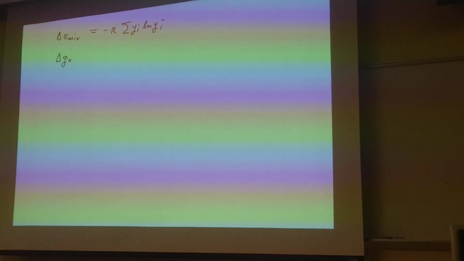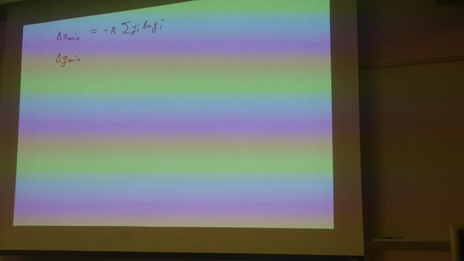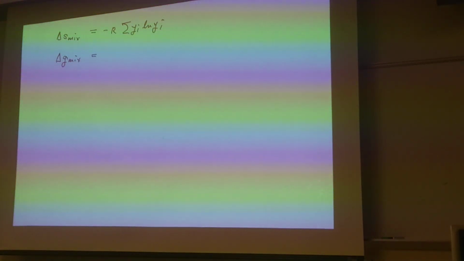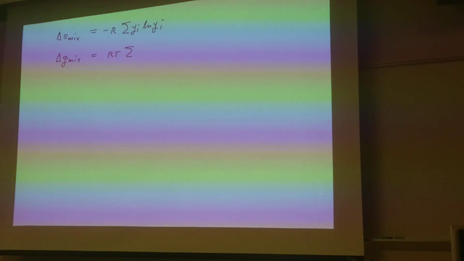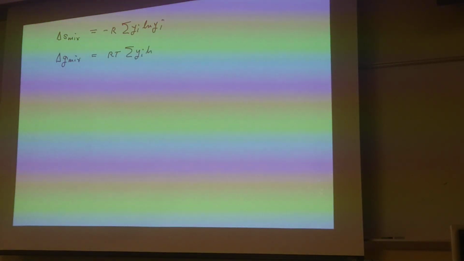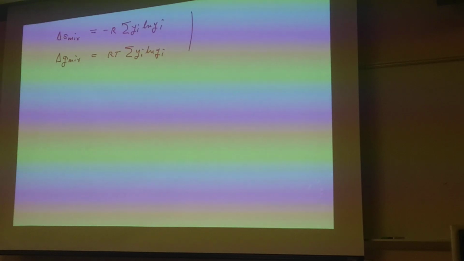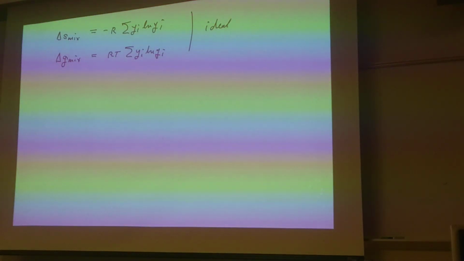It's going to be equal to minus R times the summation here of yi log yi. And the molar Gibbs free energy change of mixing is going to be equal to RT times the summation of yi log yi. Once again, remind ourselves this is for ideal gases.